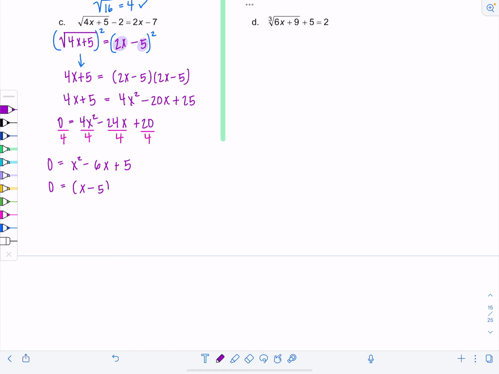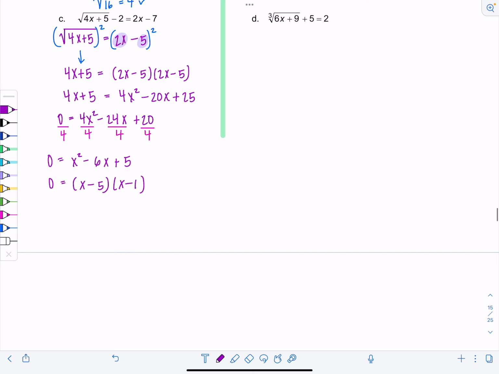X minus 5, x minus 1. Fabulous. So using the zero product property, we get two possible solutions, x equals 5 and x equals 1. Now I need to check both of these in the original. Not after you've squared. They will satisfy the squared equation. What they may not satisfy is the original.